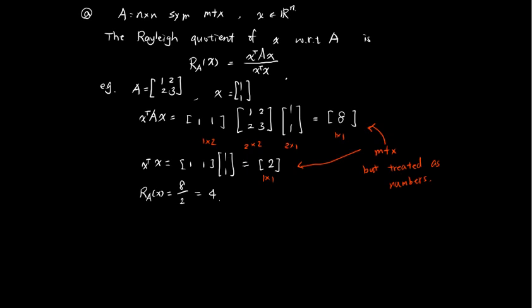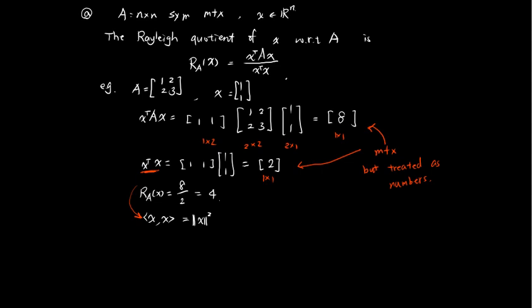Moreover, now you know how to calculate it, but what is the meaning of the Rayleigh quotient? It's just a formula. I want to emphasize that the denominator is actually just the inner product of x and x, and it is equal to the length squared of x.